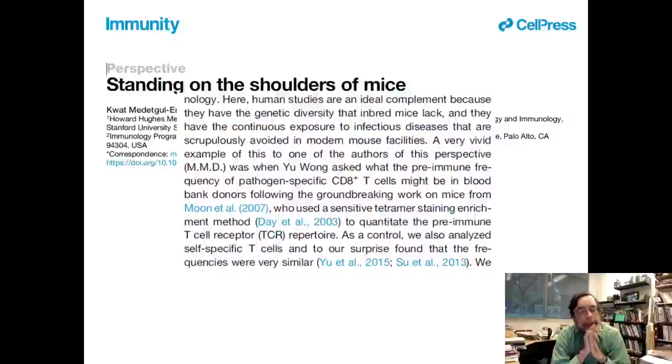One of the examples he brings up is when his researcher asked, what was the pre-immune frequency of pathogen-specific CD8 positive T cells that might be in blood bank donors? Basically, they took blood bank donors and they had a new tetramer staining enrichment method. Tetramers are very useful tools for immunity.